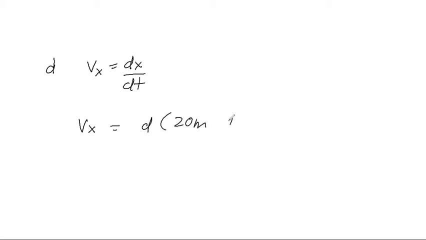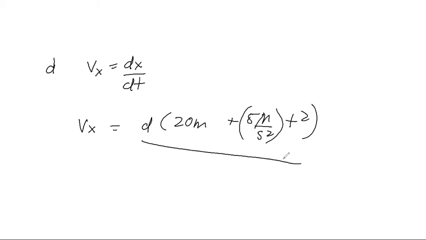For part D, we are asked to find the instantaneous velocity, v sub x. We're looking for dx/dt, instantaneous. So we will take the derivative of v sub x equals d of 20 meters plus 5 meters per second squared times t squared, with respect to t.